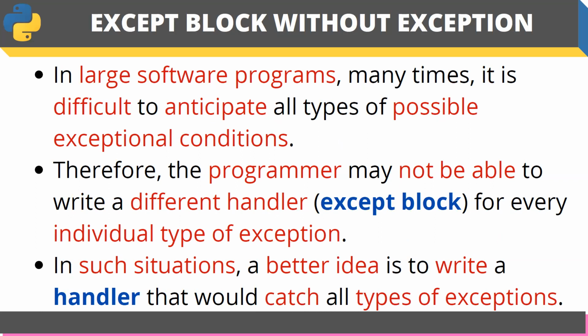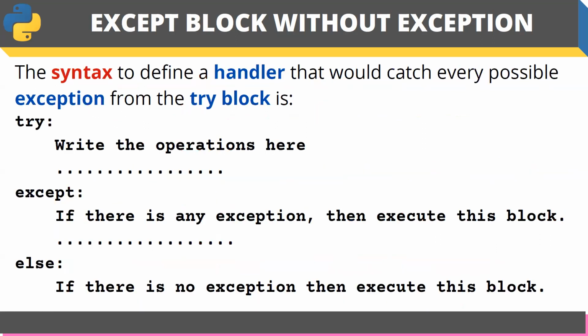In large software programs, many times it is difficult to anticipate all types of possible exceptional conditions. Therefore, the programmer may not be able to write a different handler for every individual type of exception. In such situations, a better idea is to write a handler that would catch all types of exceptions.